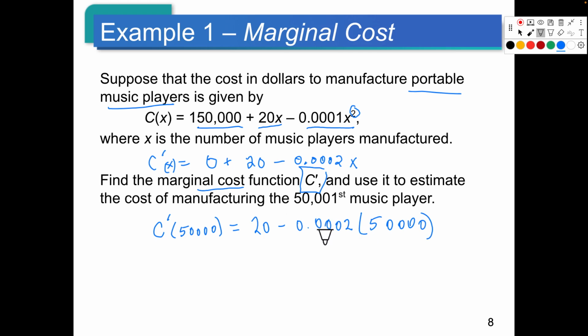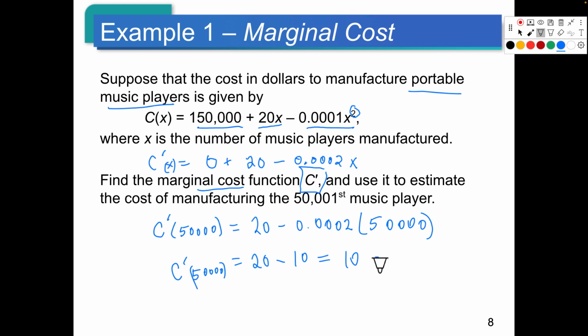And then we move this decimal 1, 2, 3, 4 places, so it's got to be $10. If you're not sure, you could put it in the calculator. So the derivative at 50,000 ends up being $10. That's our marginal.